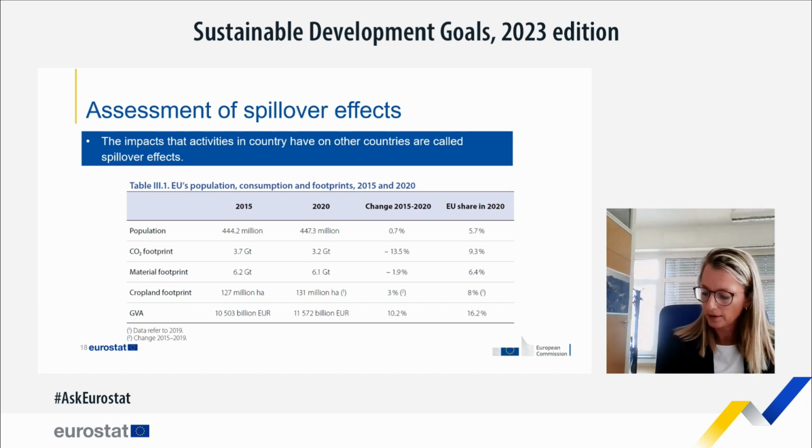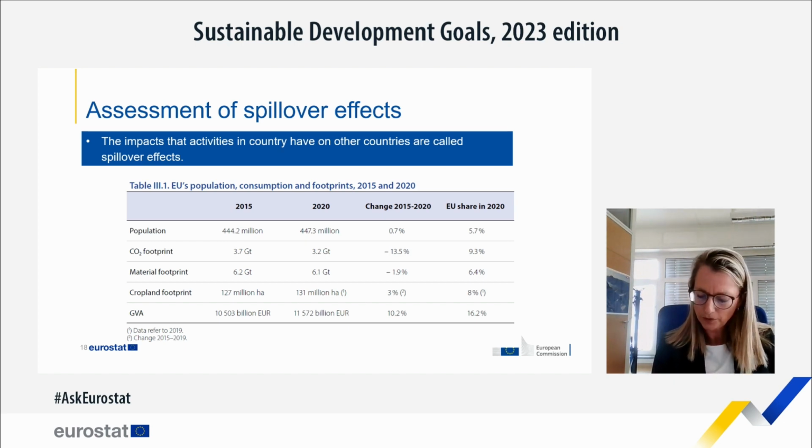So you see that we have a higher share than our population, but the good news is that we reduced this footprint between 2015 and 2020 by 13%. So we still have a way to go, but there is already some good news.